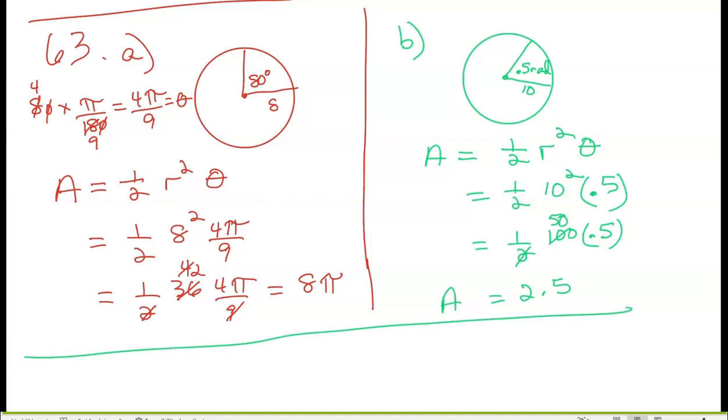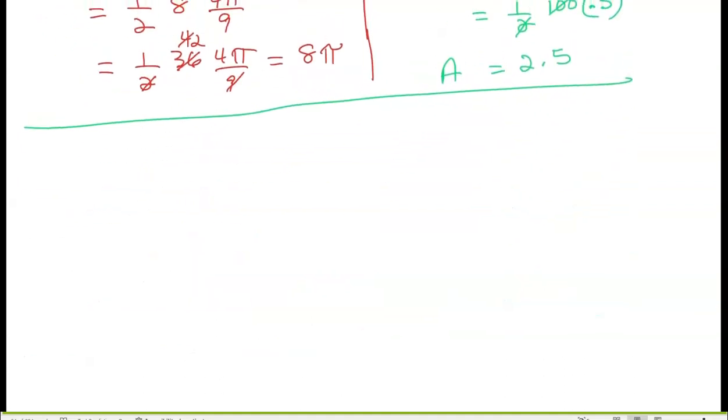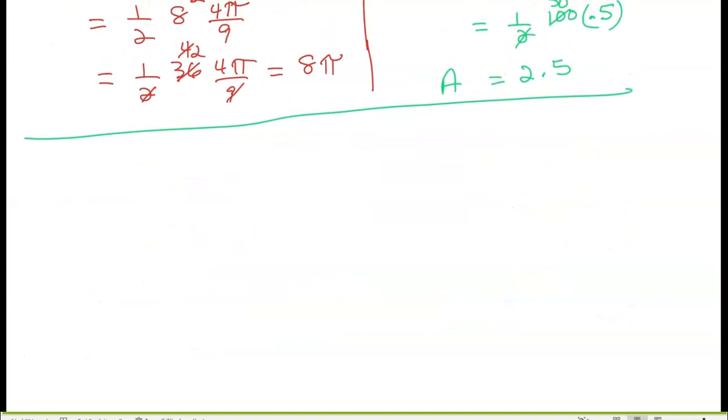Okay, so that's 63. That brings us to 65. We are getting there. 65 is find the area of a sector. Central angle equals 3 pi over 4 in a circle of radius equals 8.